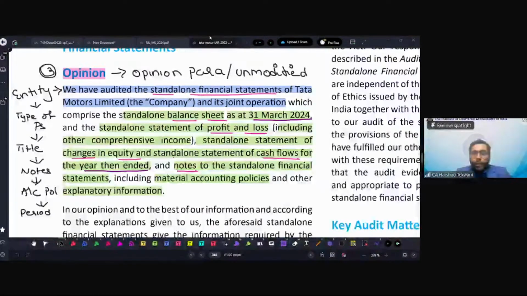Now, tell me one thing, before we proceed to the second paragraph, how many of you are aware about the fair presentation framework and the compliance framework? What is the difference between both of them?